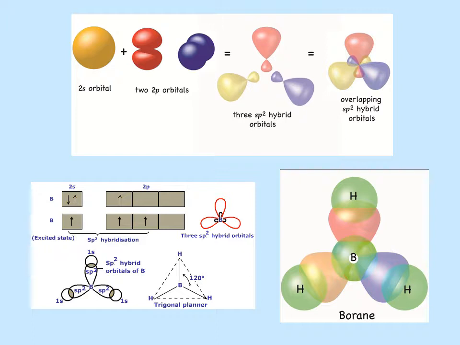And in the excited state, one of those 2s electrons can be elevated to a 2p situation. And so we have the situation that you can see on the top of the page, where these hybridize to form three orbitals, and they can overlap. And borane, BH3, has the three-sided shaped configuration.